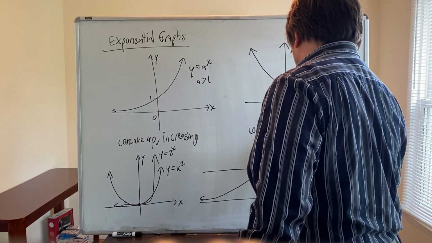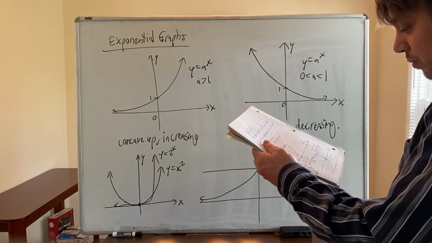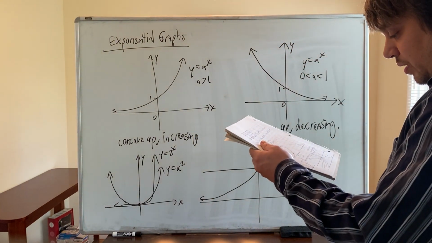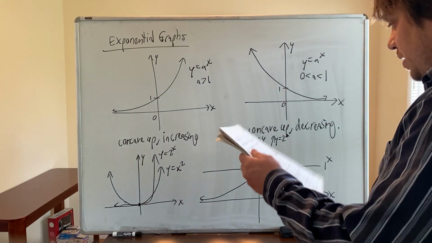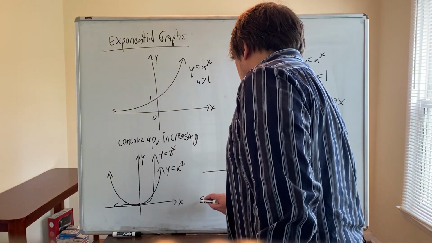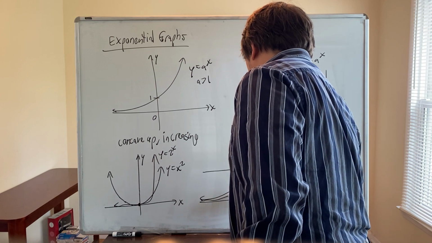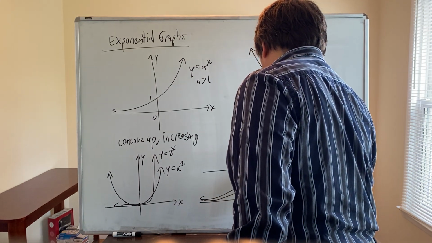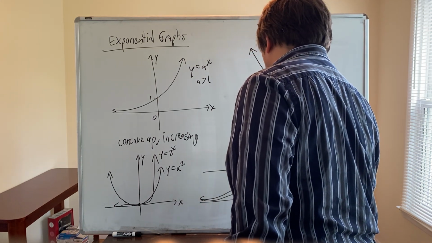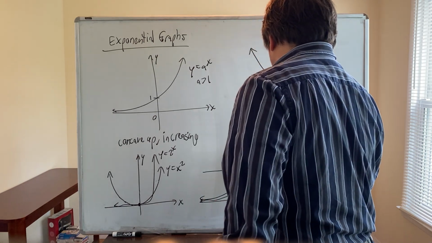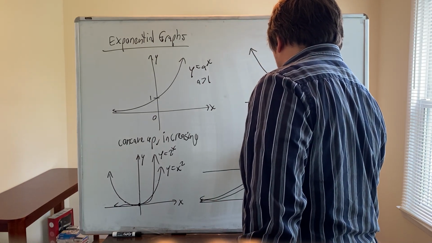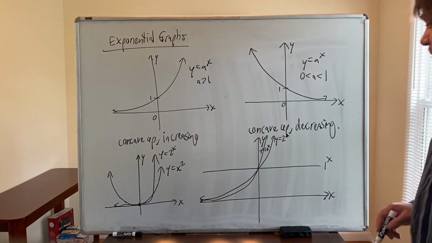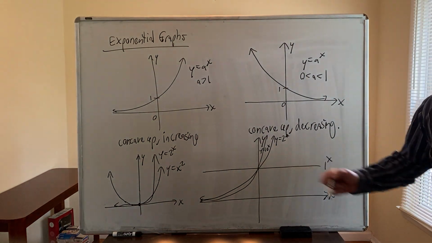Y equals 2 to the x. And then if you did, let's say, 10 to the x, 10 to the x would be closer to the x-axis. It would come up, they'd intersect there, and then 10 to the x would increase faster at the end. So that would be y equals 10 to the x. Right? So that's the relationship between 2 to the x and 10 to the x.